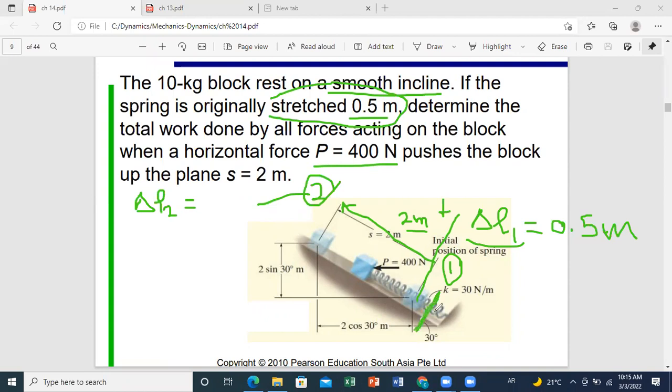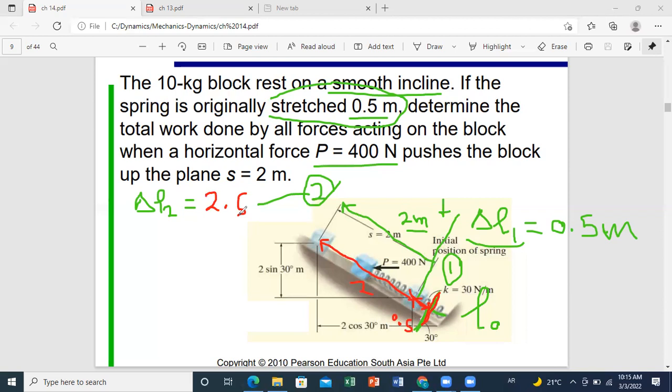So let's say this is L0, okay? You already had a stretching here of 0.5 meters. And now, since you are moving up, you are stretching it an additional 2 meters. So in total, from the unstretched position, you have 0.5 plus 2. So delta L2 will be equal to 2.5 meters.